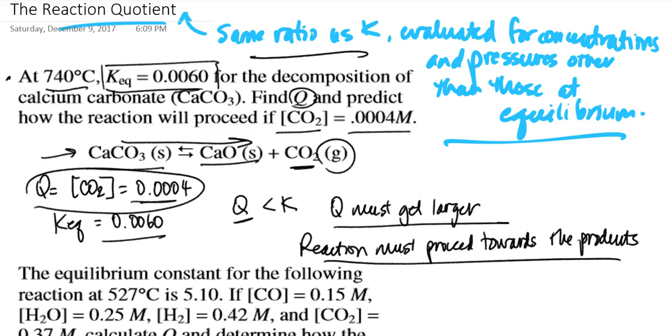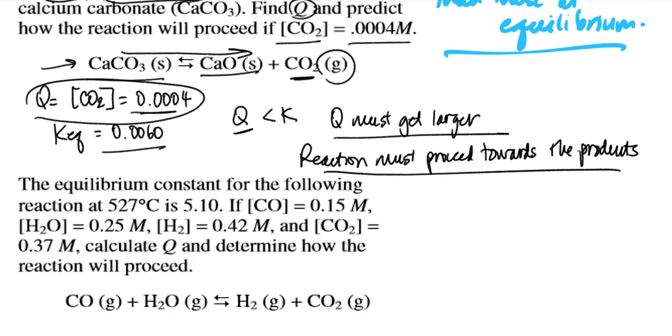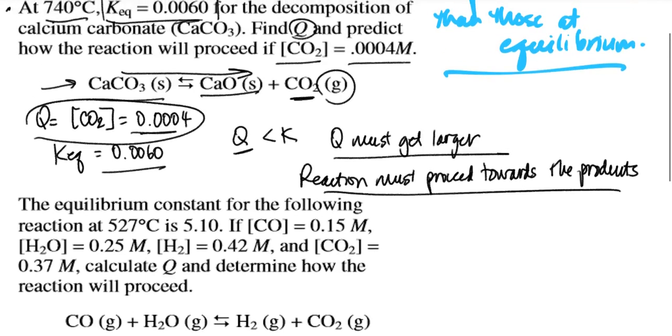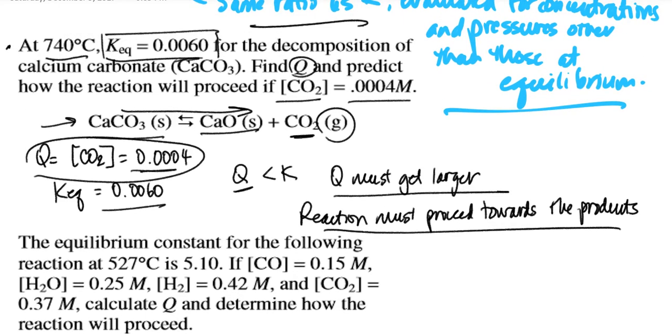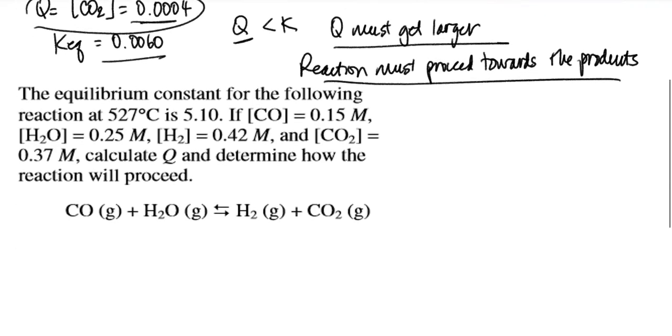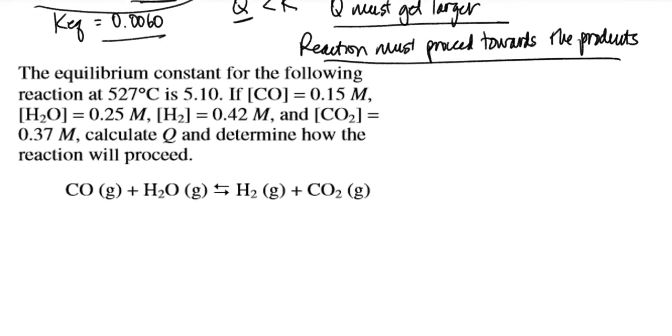Okay, let's take one more example of that so you can see it in action again, and let's take an example that's a little bit more complex than just simply looking at one individual value. Let's actually put one together where we have to actually calculate something. In this second example, I have an equilibrium constant for this reaction at 527 degrees Celsius, and that equilibrium constant is 5.10.